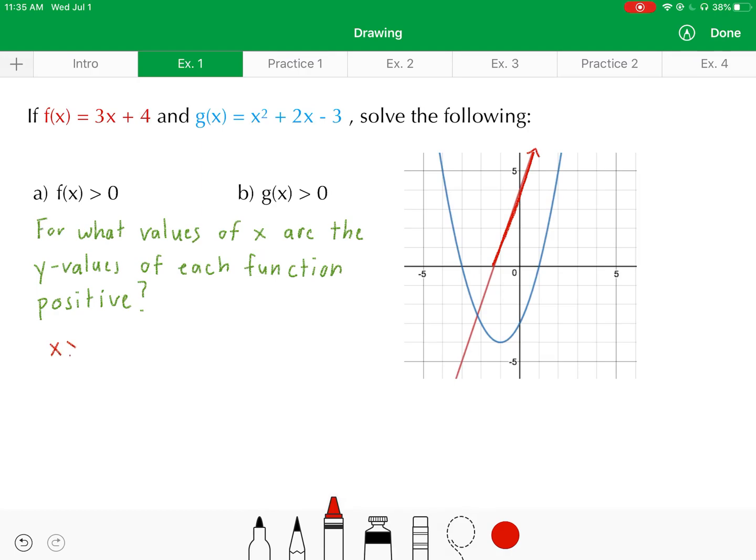Which is kind of hard to reason out just by looking at the graph, but I'll show you here in a second how I knew it was exactly -4/3, okay? So we're talking about all of these x values right here. Those are the solutions to that inequality, okay?